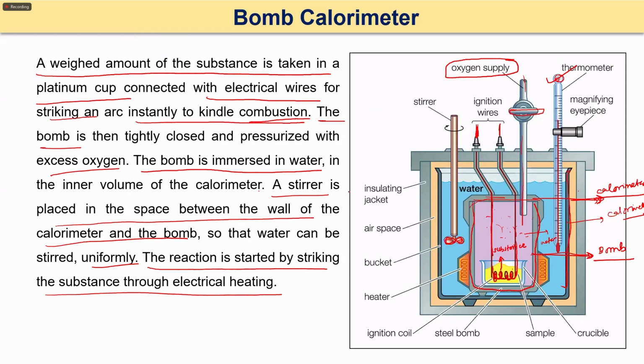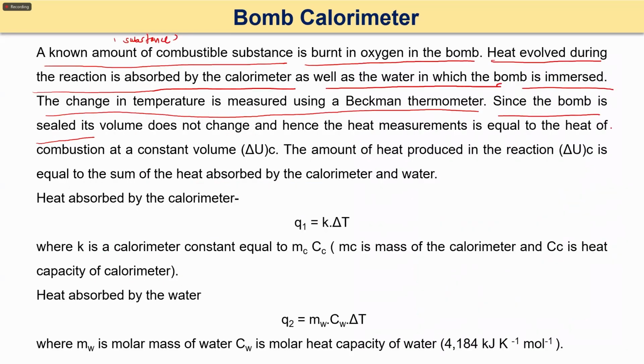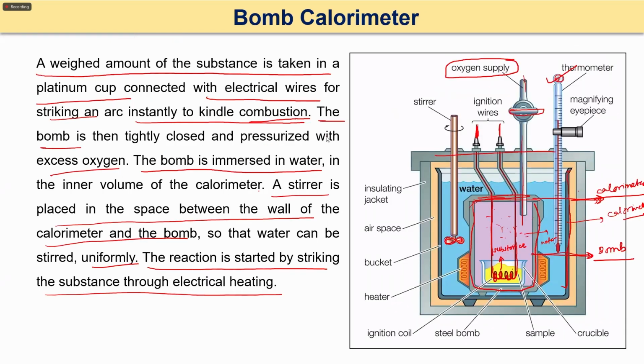this whole thing is sealed. Then its volume doesn't change, and hence the heat measurement is equal to the heat of combustion at constant volume. Here your volume is not changing because this is sealed.